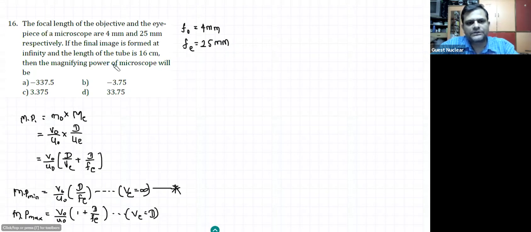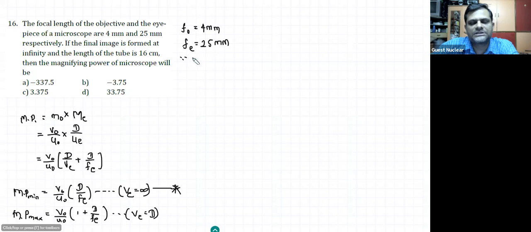The length of microscope is already given, 16 centimeter. Okay, and since final image is formed at infinity, यहाँ पे हमको और एक बात यूज करनी है कि जब फाइनल इमेज इंफिनिटी पे फॉर्म होता है तो उस केस में UE जो है वो FE के बराबर बनता है.